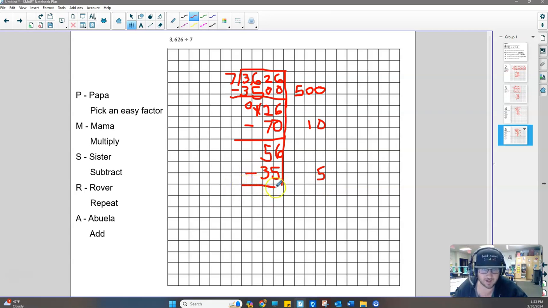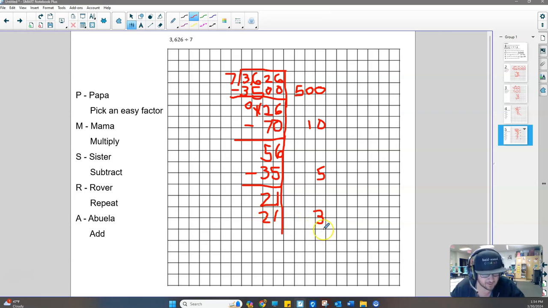Sister tells me to subtract here. 6 take away 5 is 1. 5 take away 3 is 2. Now I could subtract them one at a time here, but hopefully we're getting down into little enough numbers that we know, because this is our 3, 7 multiplied by 3 is 21. So 7, Mama multiply, 3 is 21.